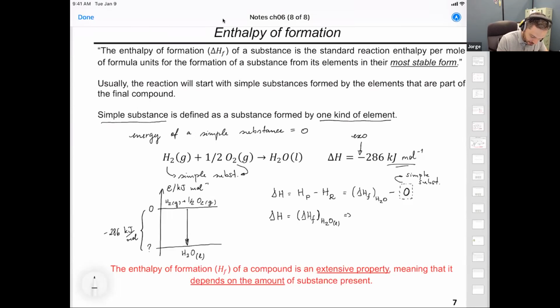Replacing the numbers here, we have delta H of formation for the water molecule in the liquid state equals minus 286 kilojoules per mole.